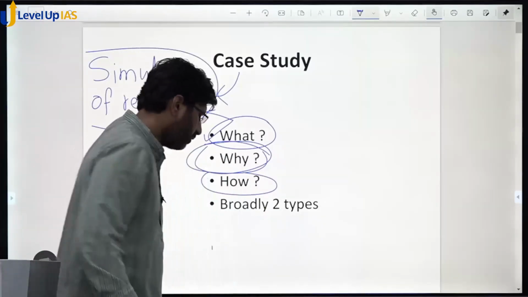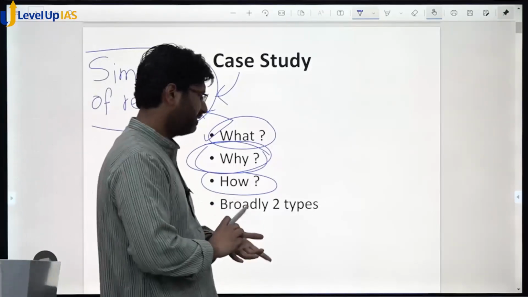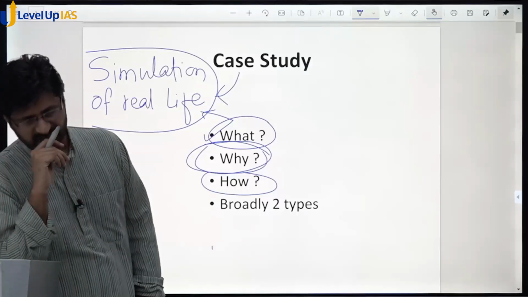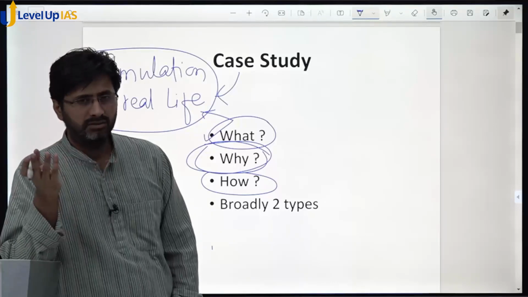Now broadly there are two types of case studies, very broadly, and this is very similar to the syllabus we also have.